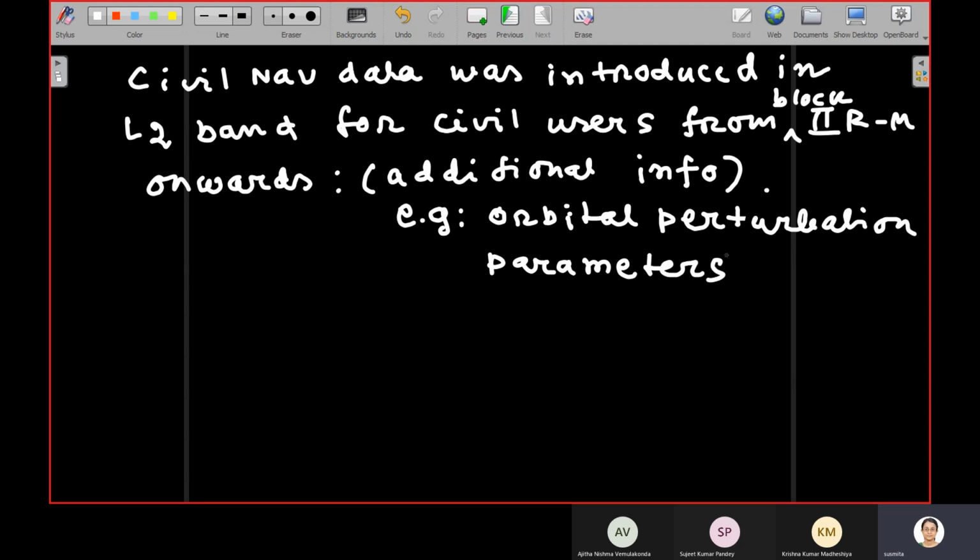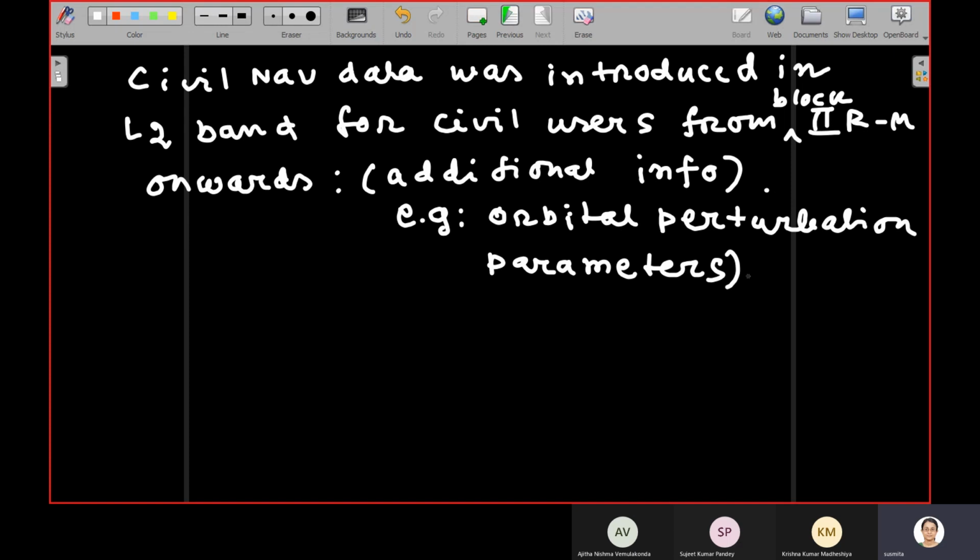So any receiver that can decode this civil nav data from L2 carrier frequency will be able to apply these additional corrections to the orbital parameters and therefore gets more accuracy. If a receiver does not have the capability to process L2 band, then it will not be able to take advantage of this.